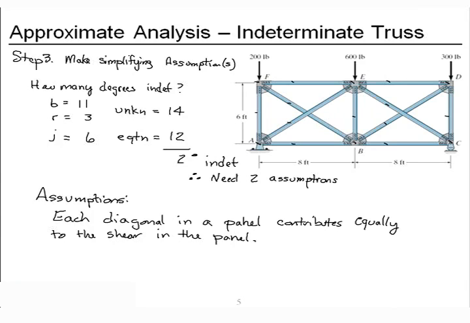Since we have 2 panels, we now have 2 assumptions. Let's see how that works and actually calculate the axial force in each diagonal using our assumptions.